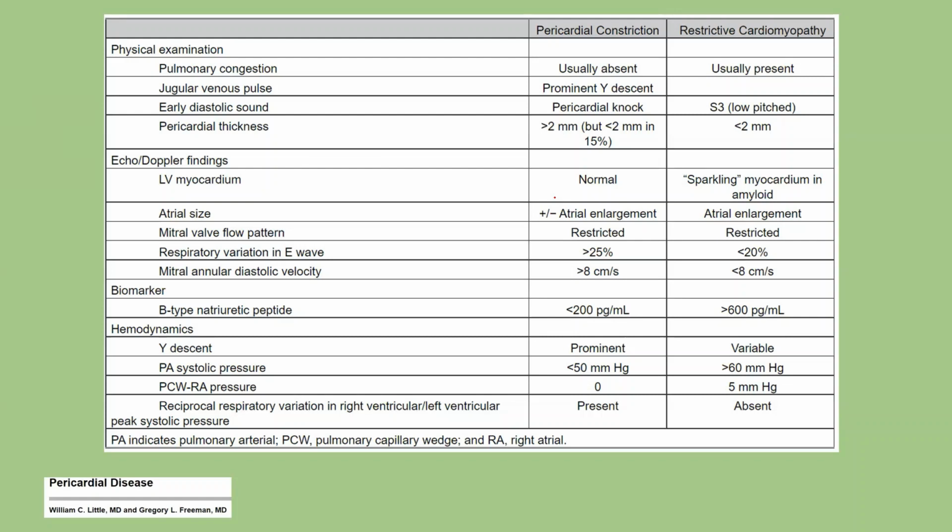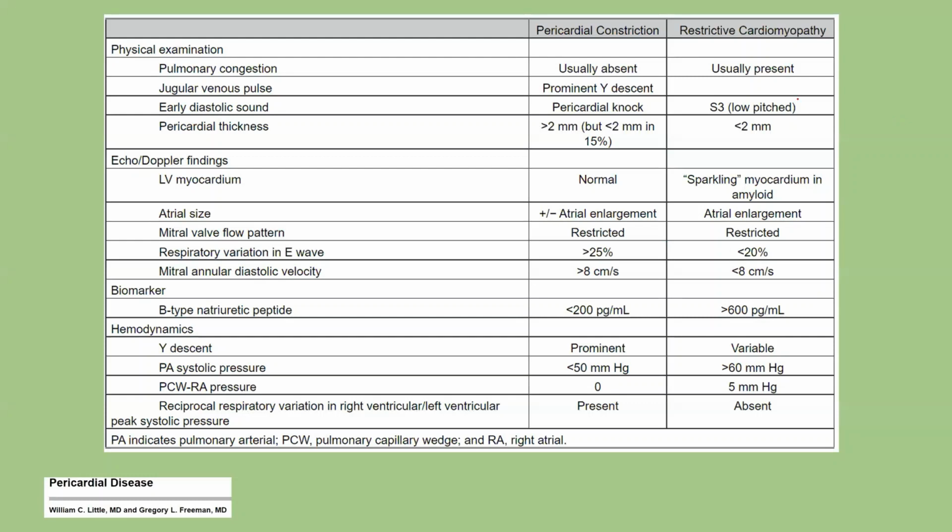I know that will be a big shame. So we have to be so sure that this patient really has constriction and not restrictive cardiomyopathy, and of course not COPD. So these are the different features between COPD, restrictive cardiomyopathy and constriction.